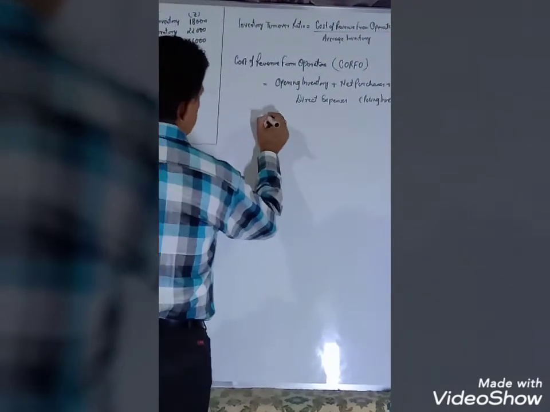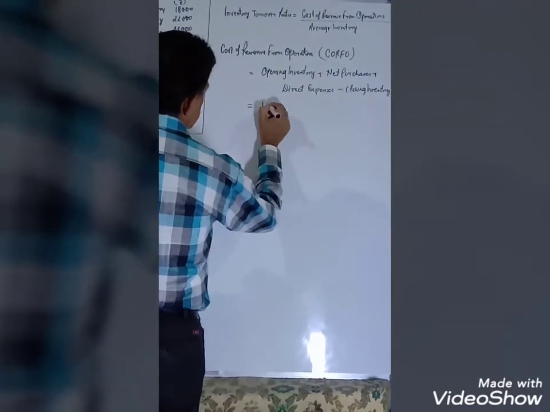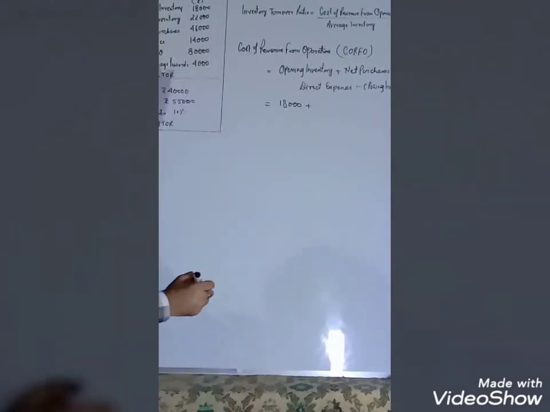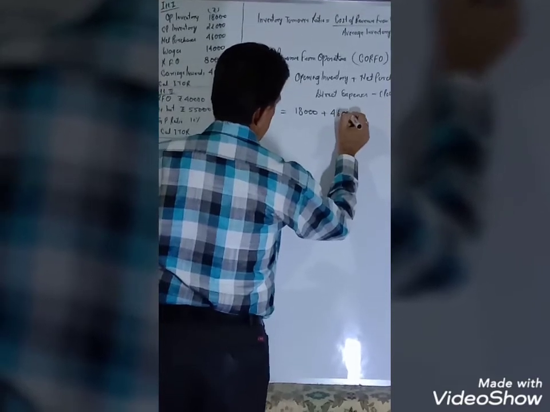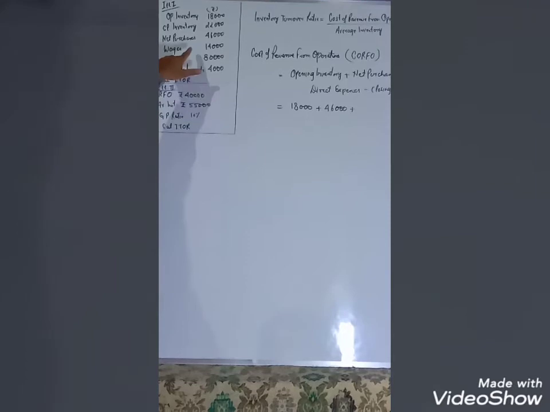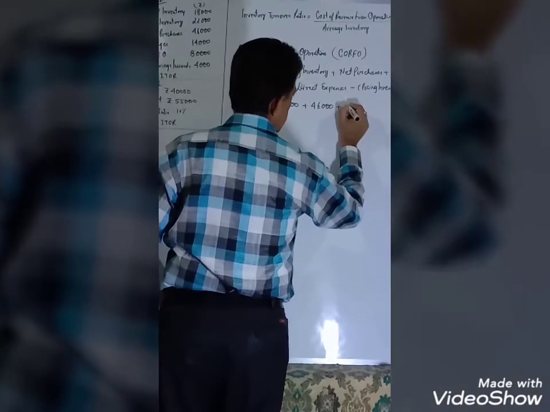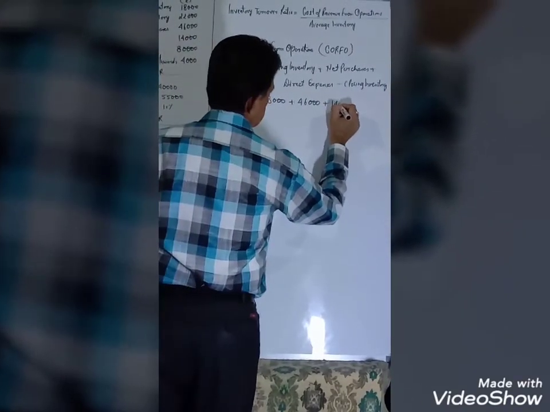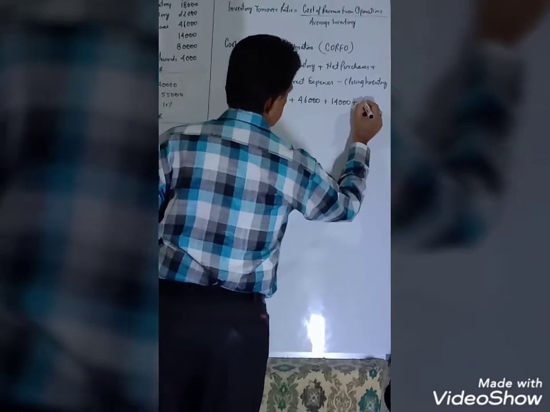We have to put the values now. Opening inventory is 18,000 plus net purchases 46,000 plus direct expenses. Wages 14,000 and carriage inward 4,000.